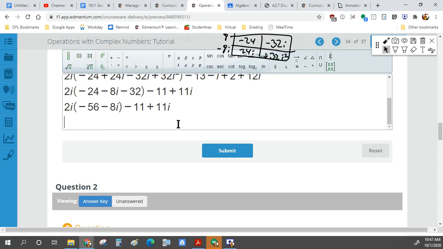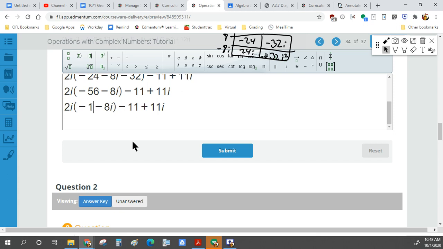Now I can finally distribute. I really recommend copying and pasting when you guys are doing this. It just makes it so much easier. So when I distribute this, this becomes 112i. I'm just doing this in my head, but you guys are free to use a calculator when you have this on a test. 2 times this makes negative 16i squared.